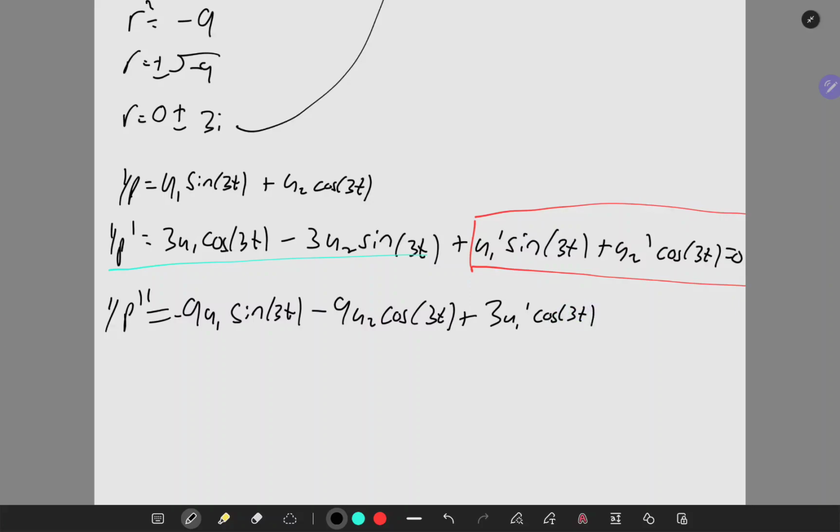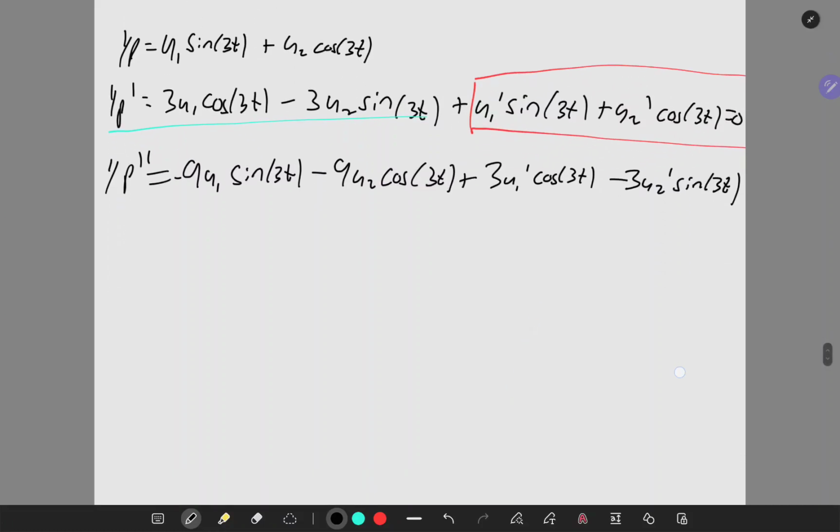Just the way my brain went with it. Let me just make sure that's right. Negative 9. Beautiful. 3 u1 prime minus 3 u2 prime. Perfect. Okay.